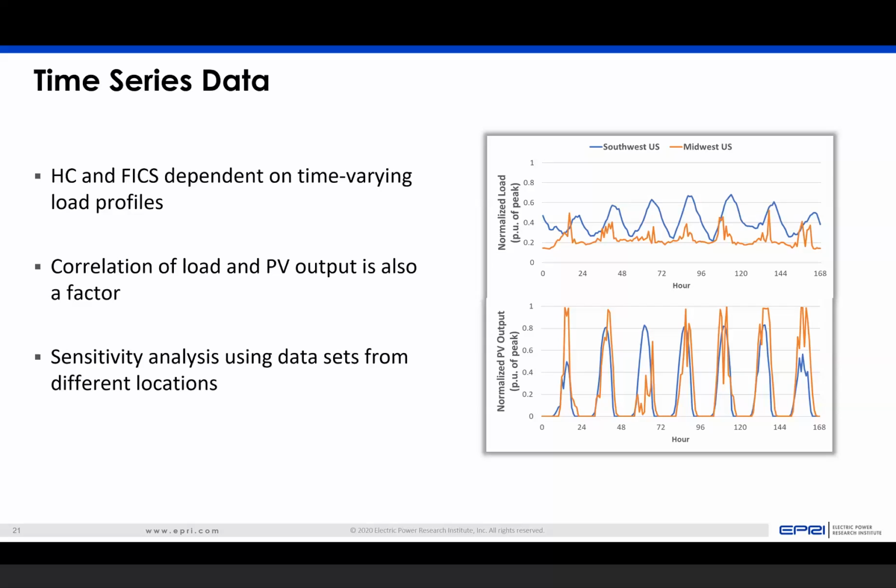One of the findings, which we anticipated, was that the less variability in the solar irradiance, the less flexible capability there is, meaning you had a lower, what we call FICS 90, in comparison to other locations. So places where there's a high variability led to higher flexibility. If you go to the next slide, please.